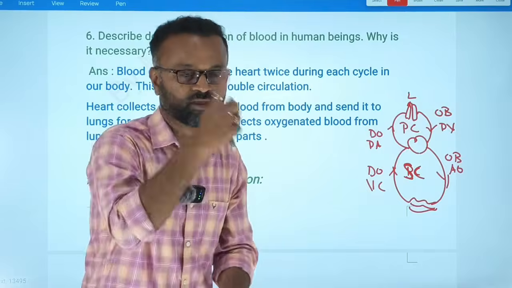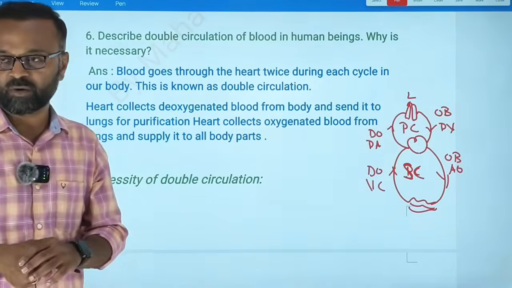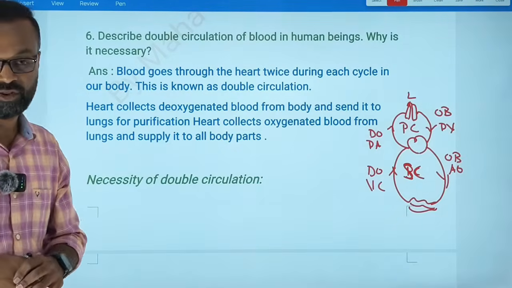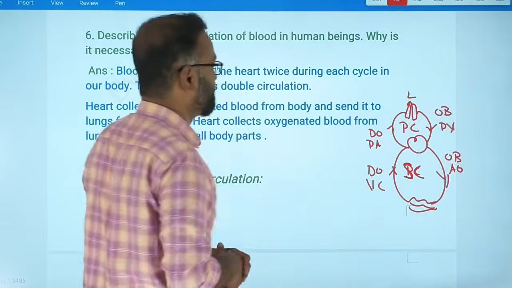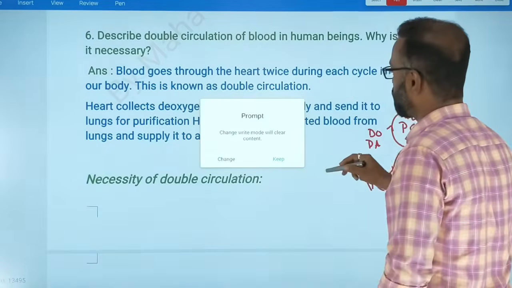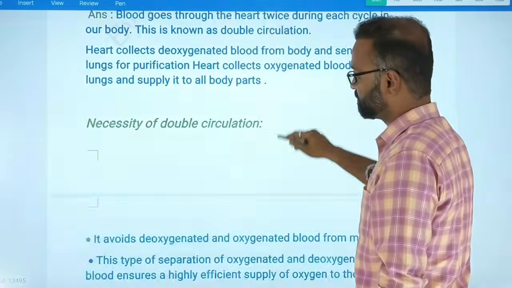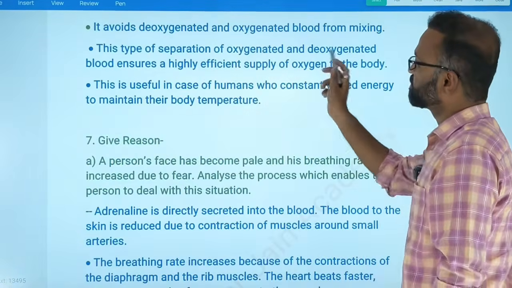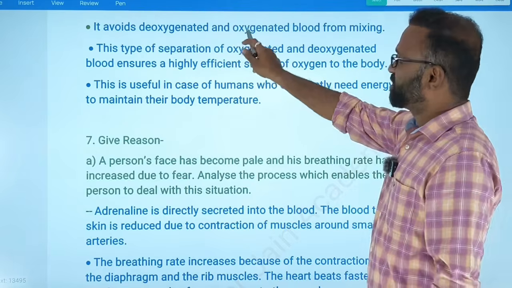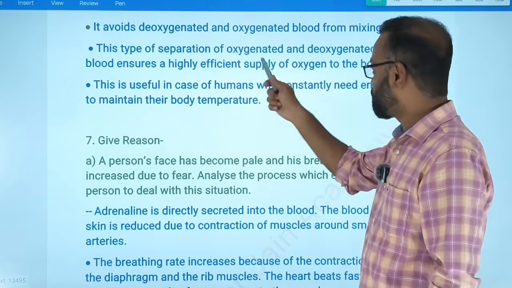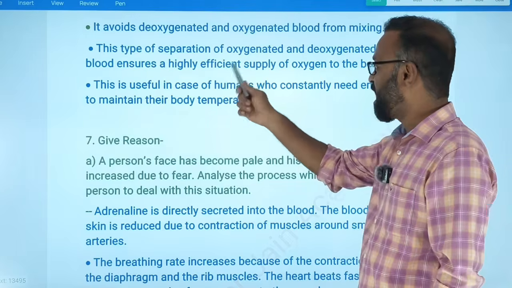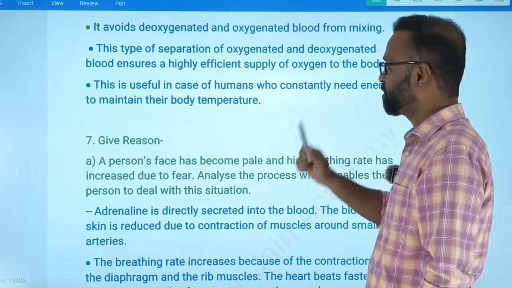What is the advantage? I told already. Because separation of oxygenated and deoxygenated blood takes place, it will help in maintaining the constant body temperature. It avoids the mixing of deoxygenated and oxygenated blood. This type of separation ensures a highly efficient supply of oxygen to the body.